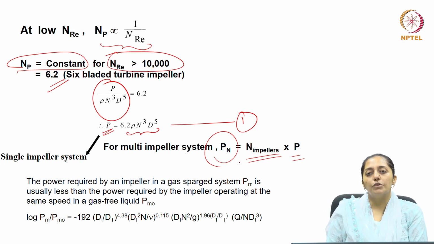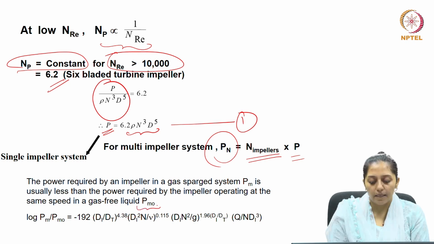Now, the power consumed by the impeller in a gassed system will be lesser than the power consumed in an ungassed system, because to reach a particular homogeneity, the gas sparging also helps in the mixing. So, the net power consumed is less. Let us assume the net power required by the impeller operating at the same speed in a gas free liquid is Pm0.